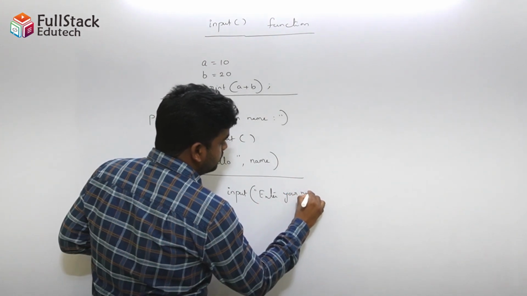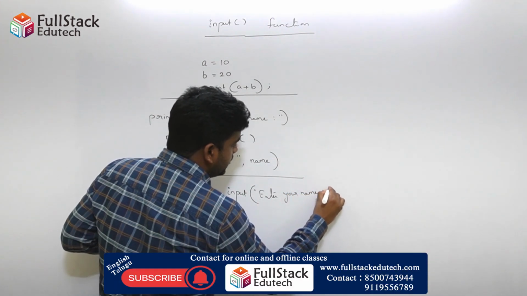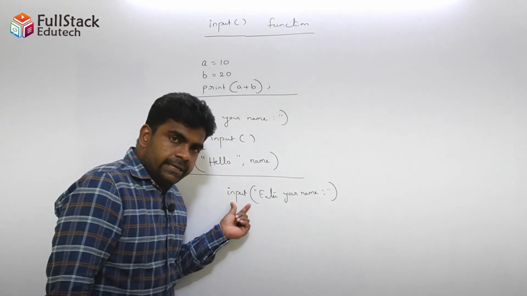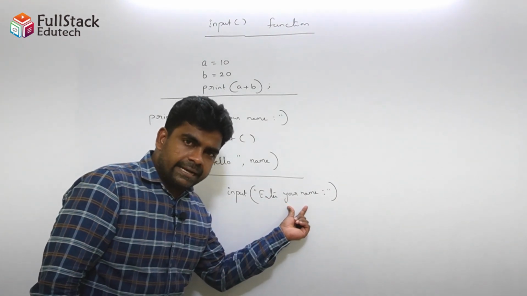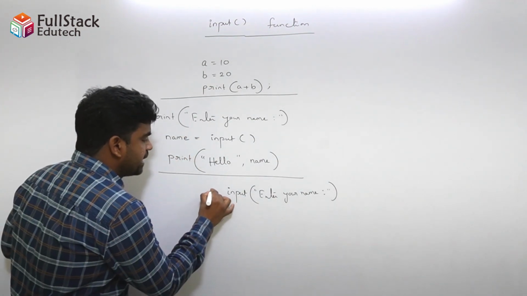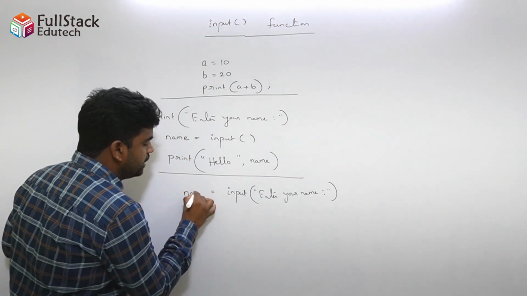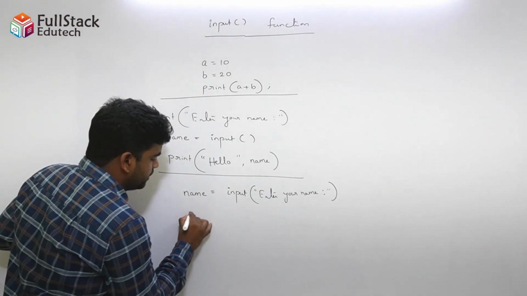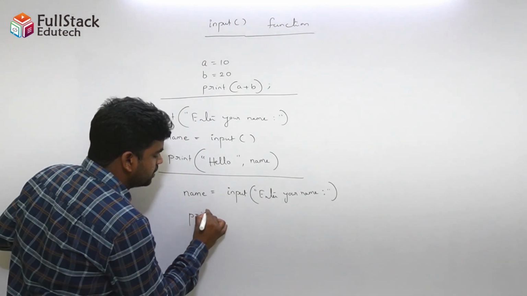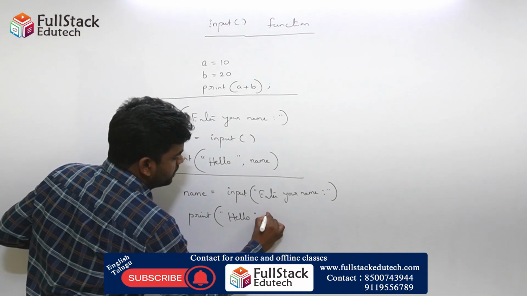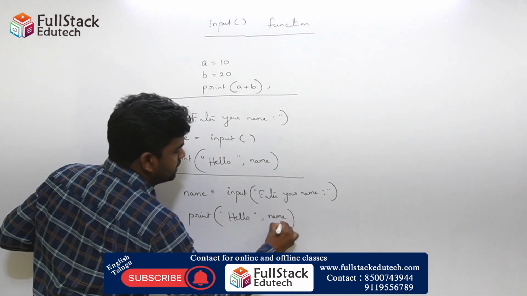The input function allows us to provide the prompt directly to get the input value, which we collect into a variable called name and print. Printing hello and the name is the same story, both are the same.